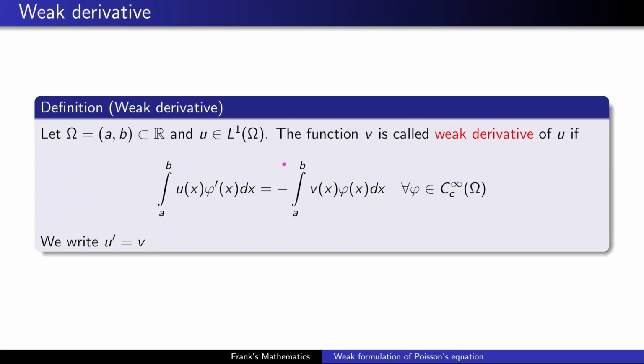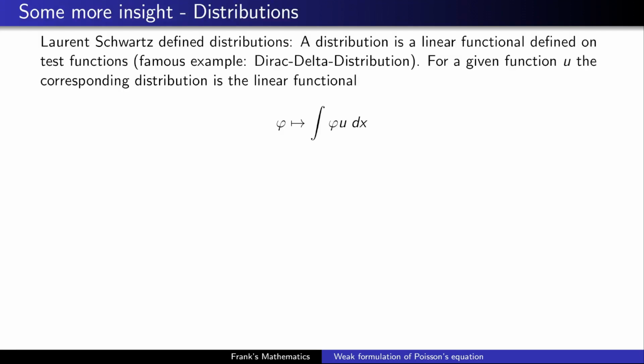I mean, I just showed you this and you say, yes, this makes sense, but this can also be motivated by the sense of distribution. We are now leaving the classical analysis and take a very short look at the theory of distributions, which had been defined by Laurent Schwartz a couple of years ago. A distribution is just a linear functional defined on some test function space.